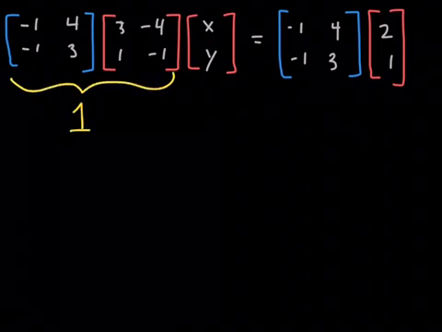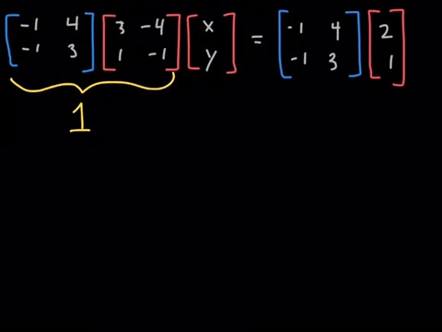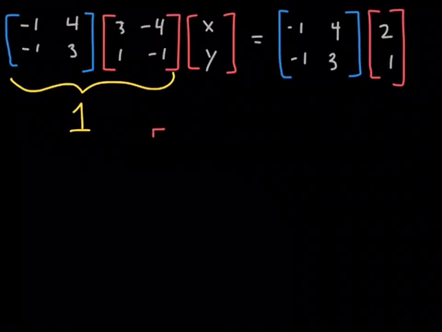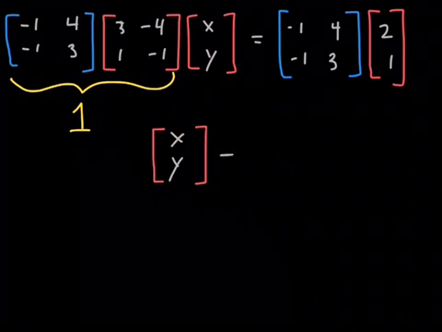Okay, so I won't even write it. So on the left-hand side of my equation, all I have now is the variable matrix, which is what I wanted isolated. Okay? And on the right, all I have to do is multiply this 2 by 2 by this 2 by 1. All right? So let's do that now.